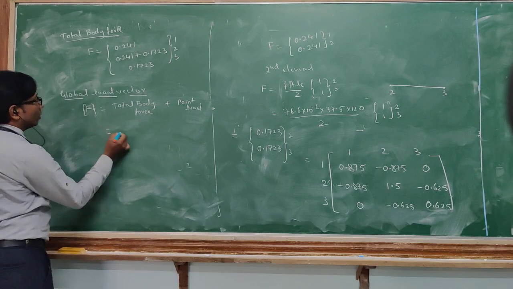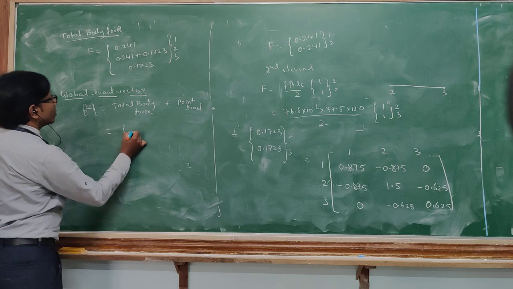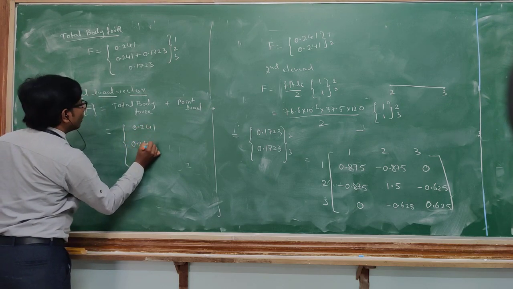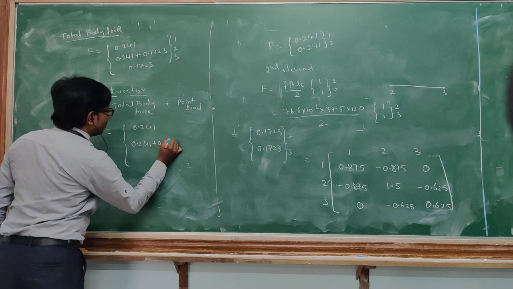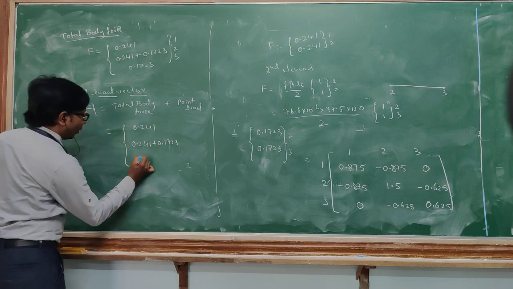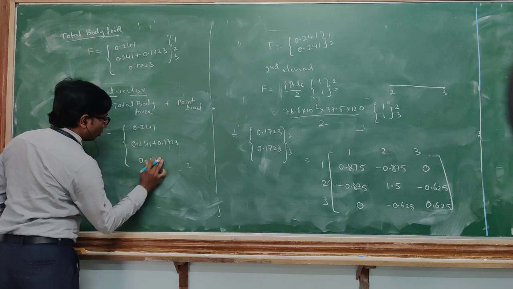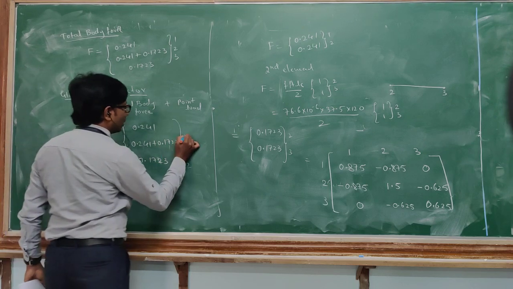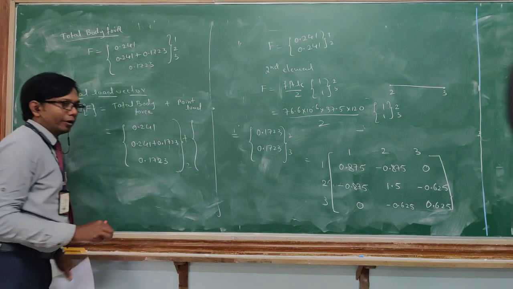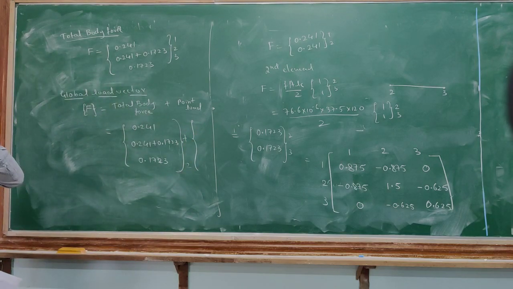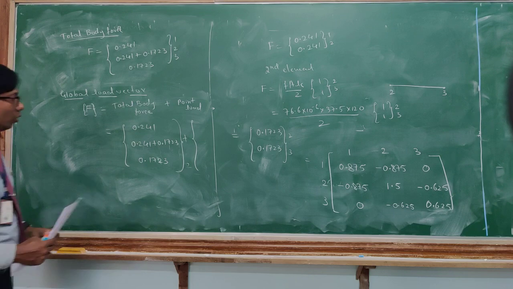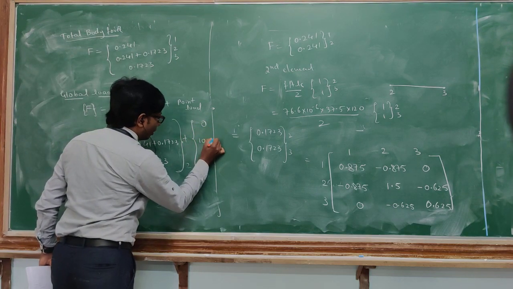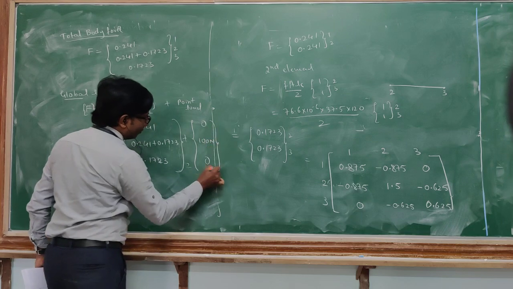What you have got here is the total body force 0.241, 0.241 plus 0.1723, and 0.1723. Now the point load is acting on node 2. So F1 will be 0, F2 will be 100 Newton, F3 will be 0.